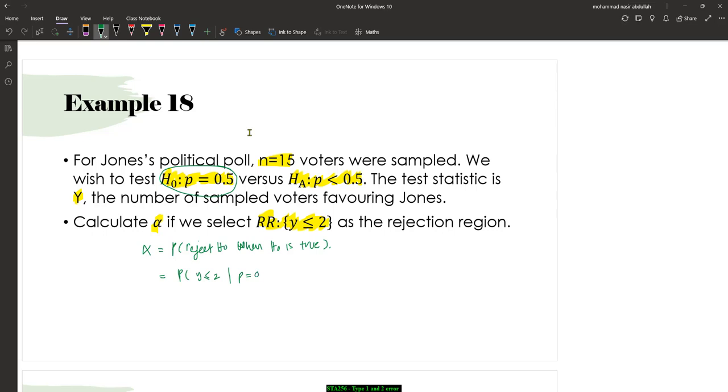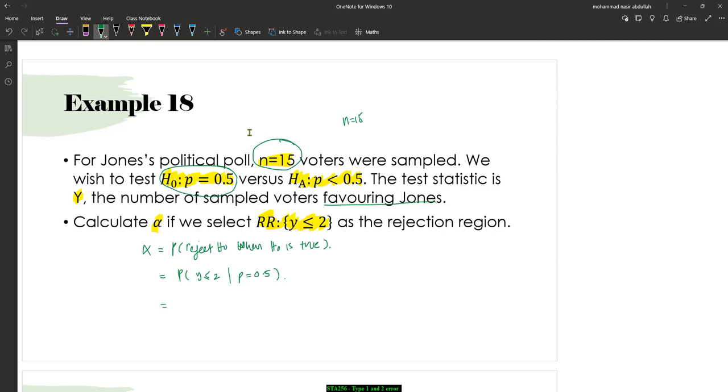So same as previous example. So this is also a binomial problem because dia ada dua option lah. Either the voter favoring Jones or unfavor to Jones, right? So dia ada dua outcome, right? And then there are 15 trials, right? N equal to 15, right? So this is a binomial problem.